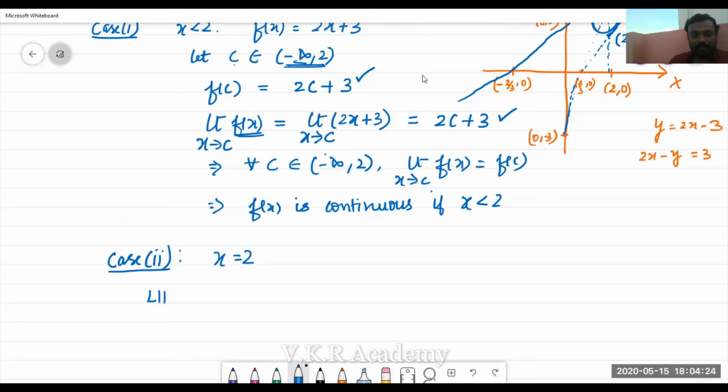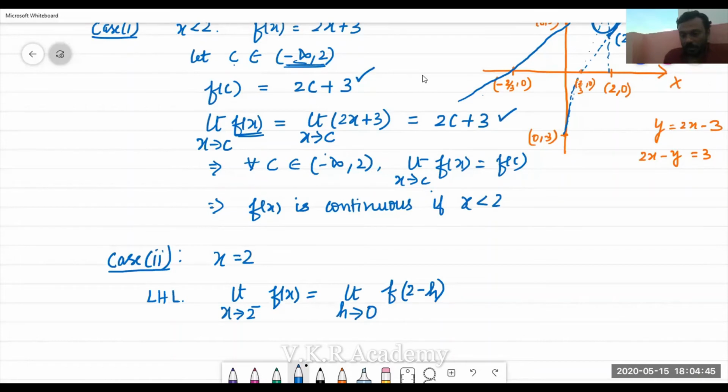If you take the left hand limit, it is given by limit x tends to 2 minus f of x, which is equal to, by the algorithm to get the left hand limit, limit h tends to 0 f of 2 minus h. 2 minus h means in the number line, it lies to the left of 2.